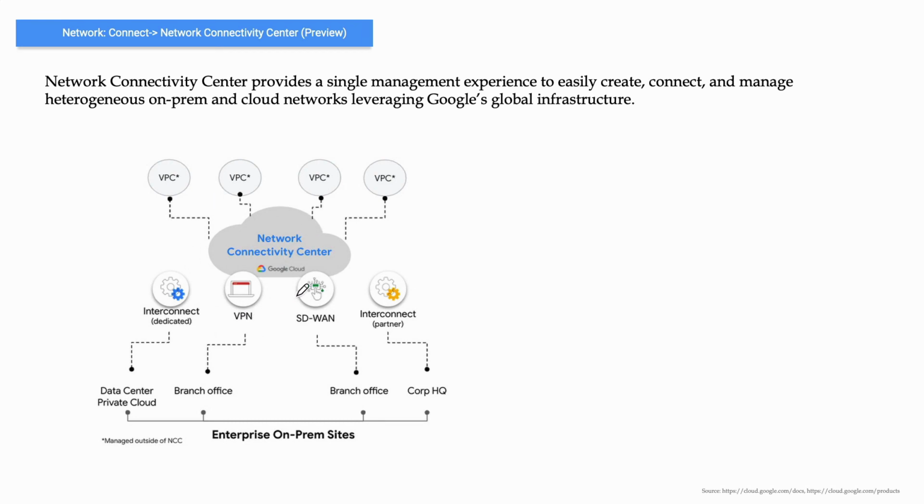So using the same management interface, you can use interconnects to connect to on-premises network. At the same time, some of the sites you can connect through VPN, SD-WAN, and then even to the interconnect partner. Now, what it gives you is a single connectivity model.